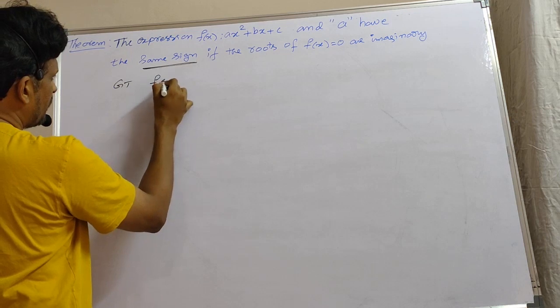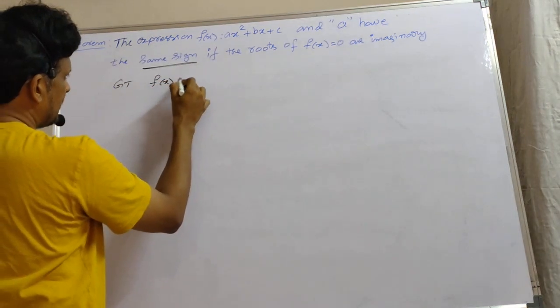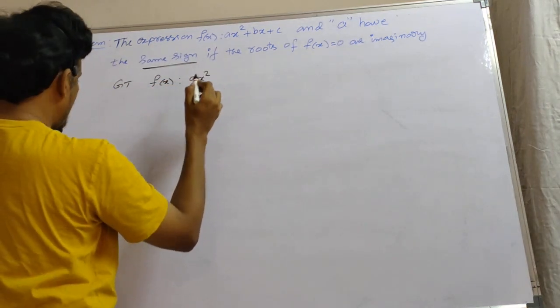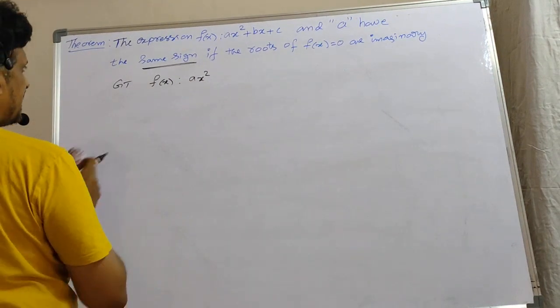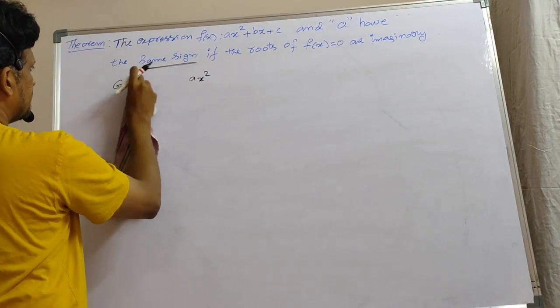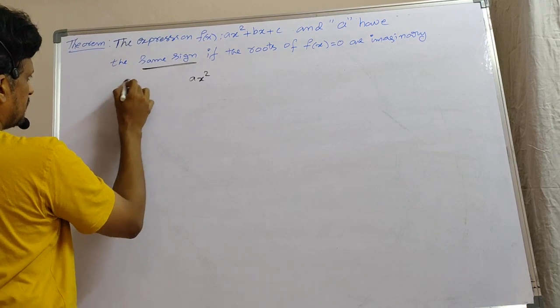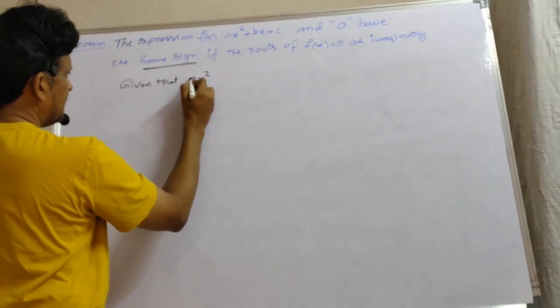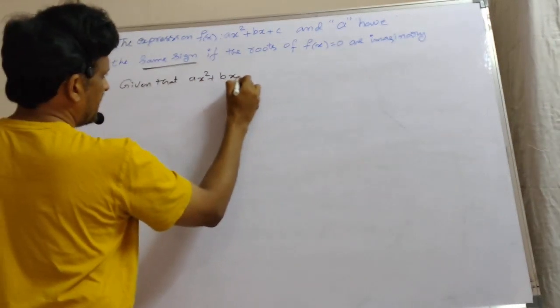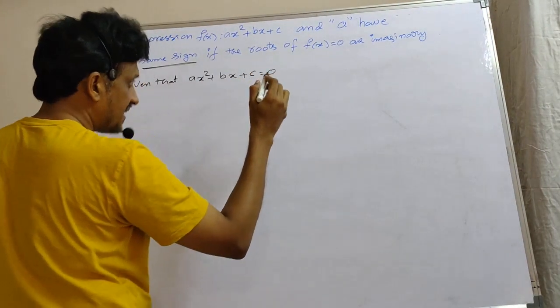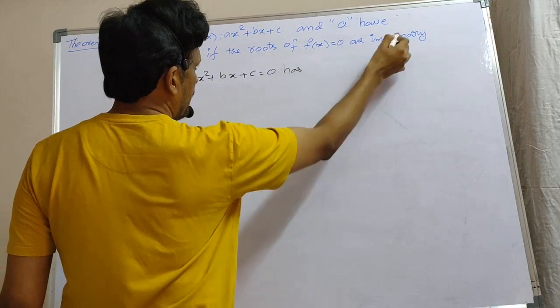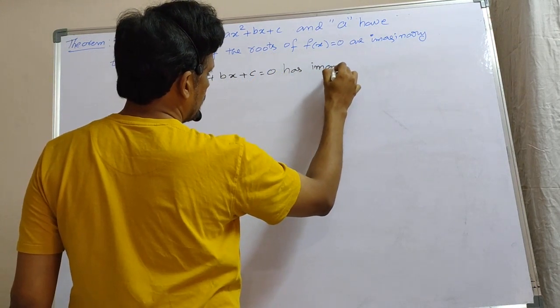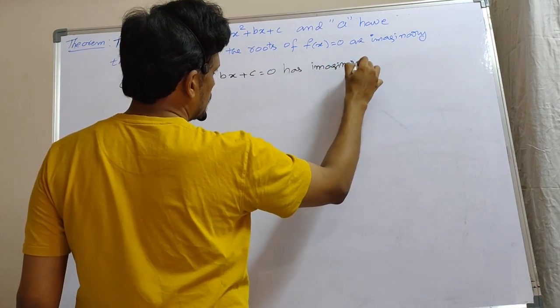Given that f of x, that is ax square, so we need not write f of x here again. It is given that ax square plus bx plus c is equal to 0 has imaginary roots, means non-real roots.